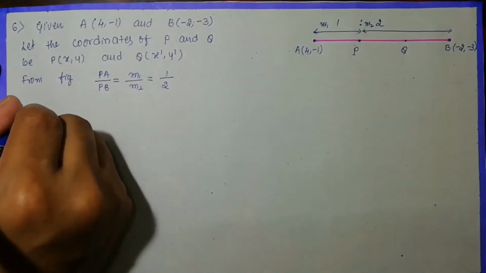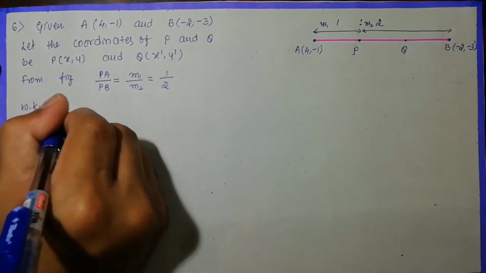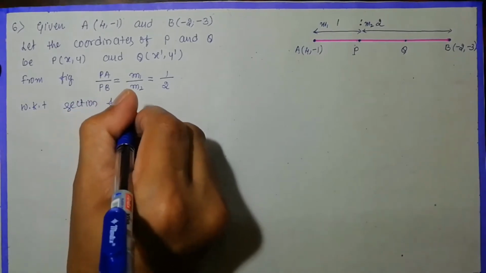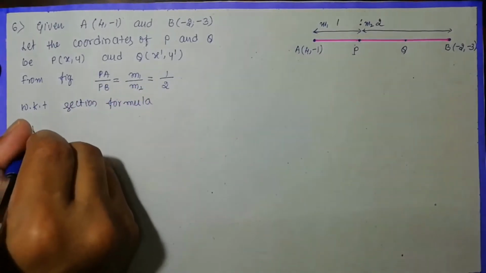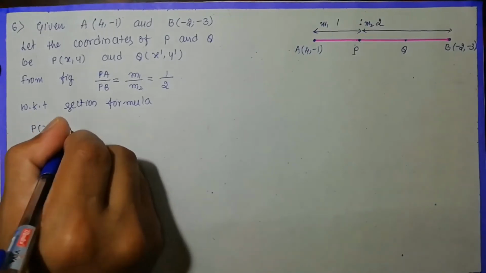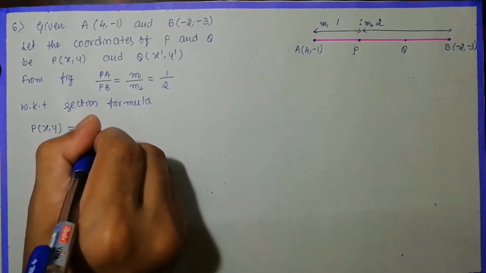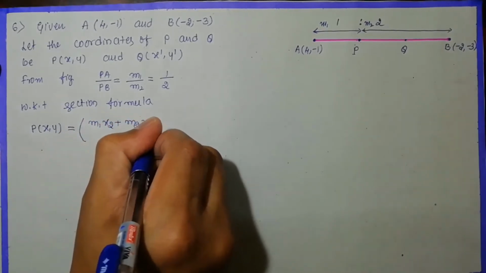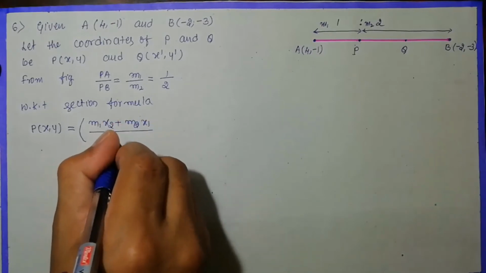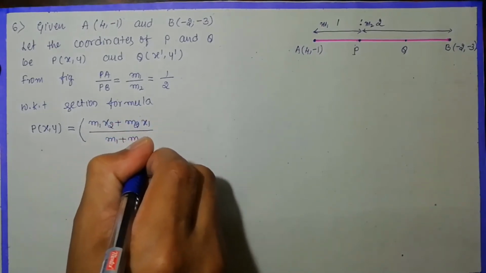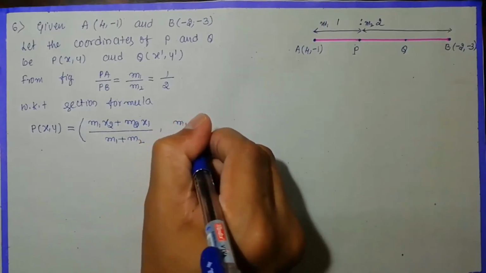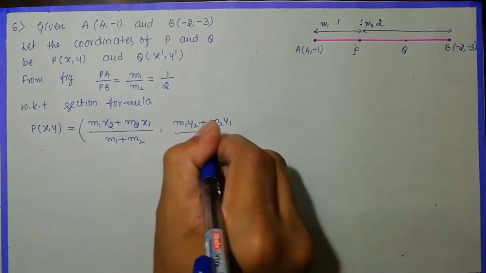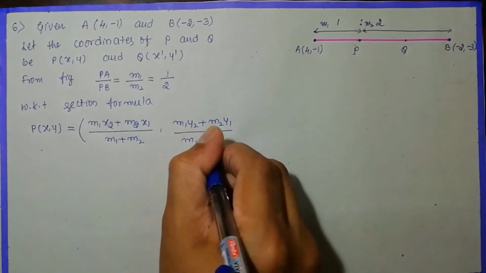Then you need to write the section formula. We know that the section formula: P of (x, y) is equal to ((m1 x2 + m2 x1) divided by (m1 + m2), (m1 y2 + m2 y1) divided by (m1 + m2)).